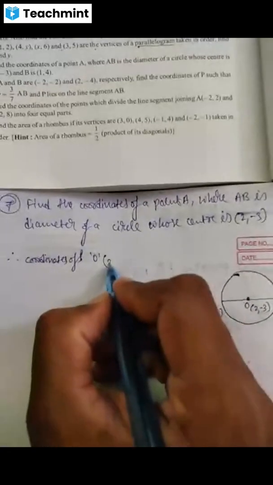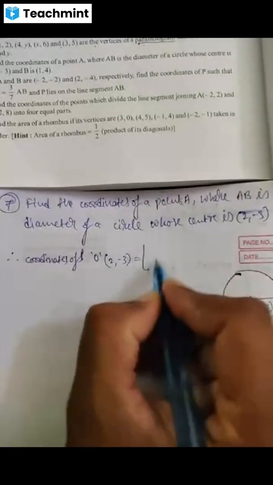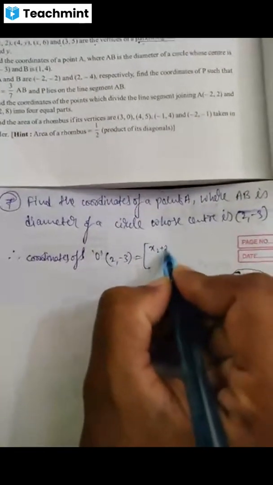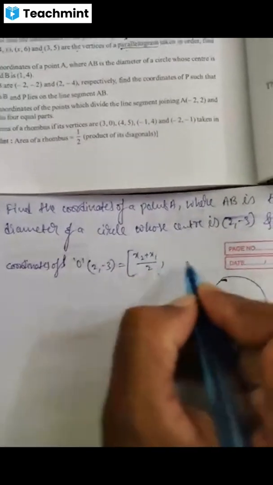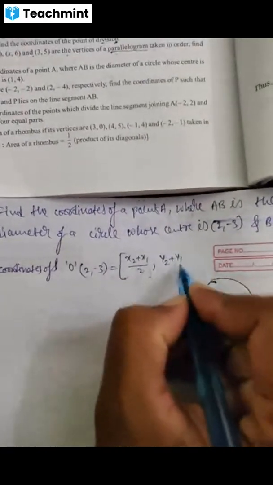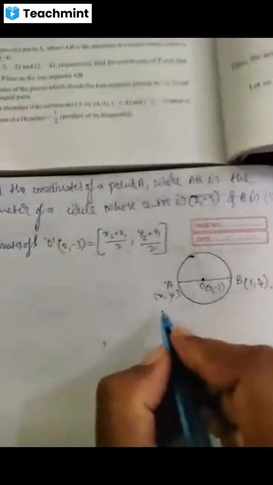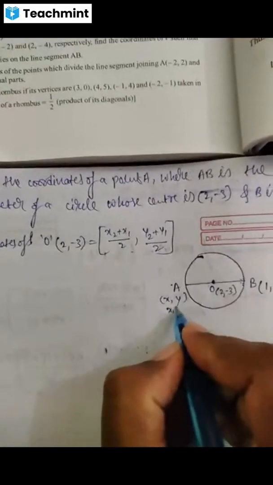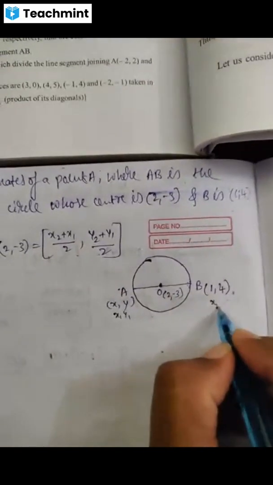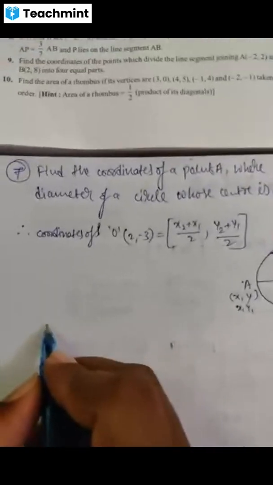(2, -3) is equal to ((x2 + x1)/2, (y2 + y1)/2). Okay, here you may take this as x1, y1 and this as x2, y2.